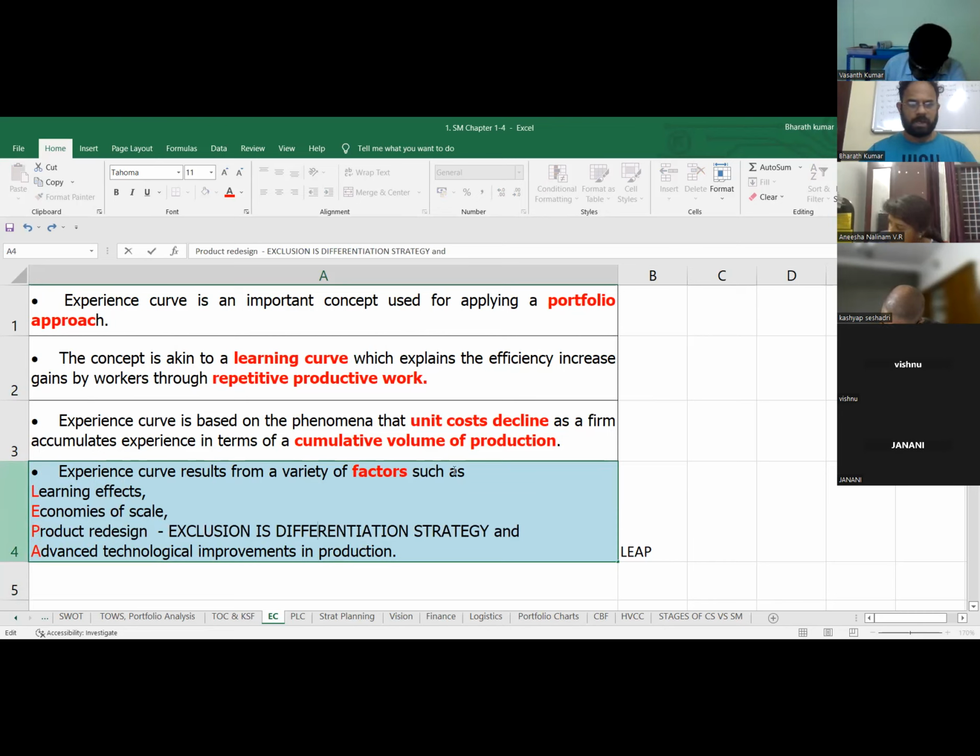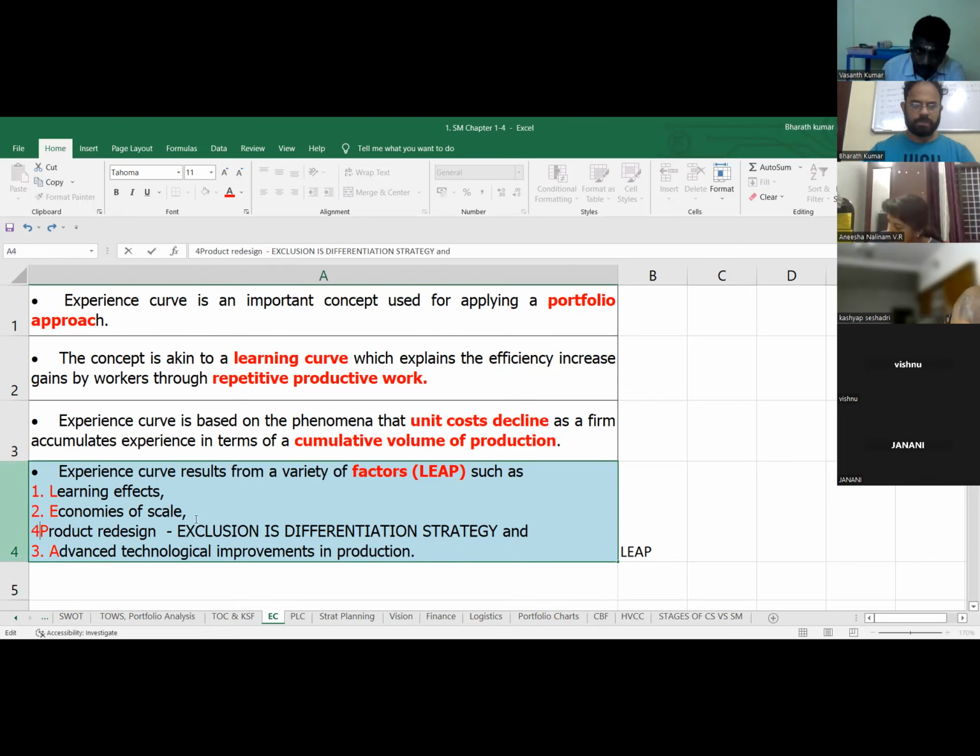We will bring a mnemonic called LEAP. Easy to remember. No order required. You can write in whatever order you want. So 4 factors. Number 1, learning effect. Number 2, economies of scale. Number 3, advanced technology improvements. Number 4, product redesign.